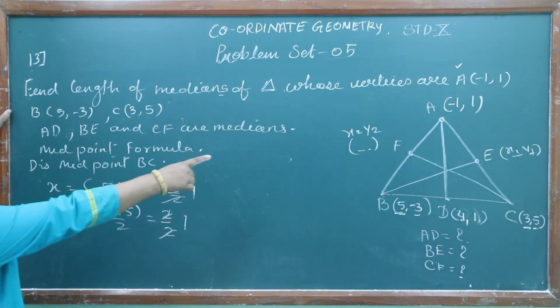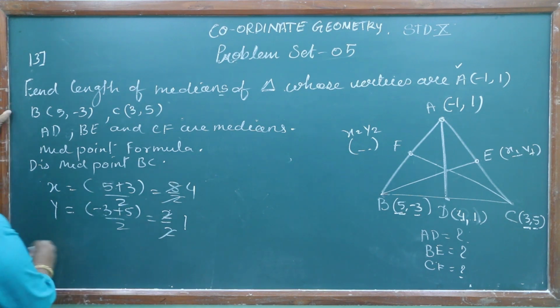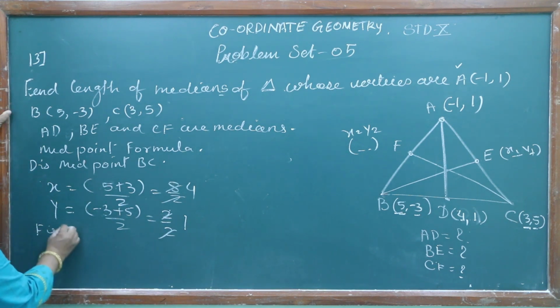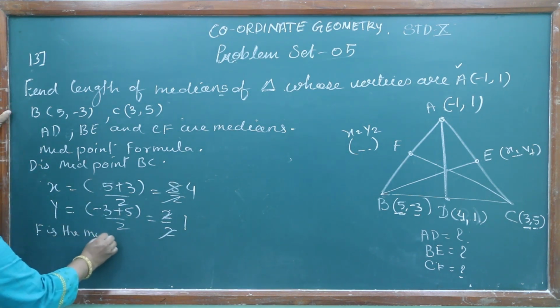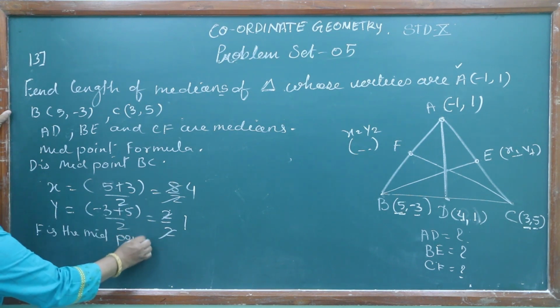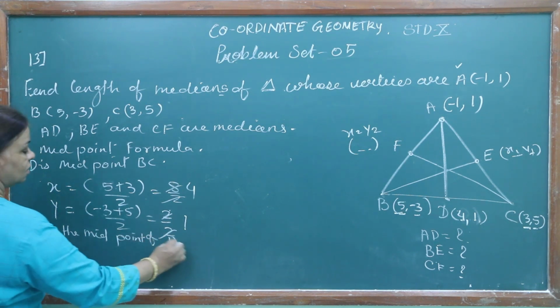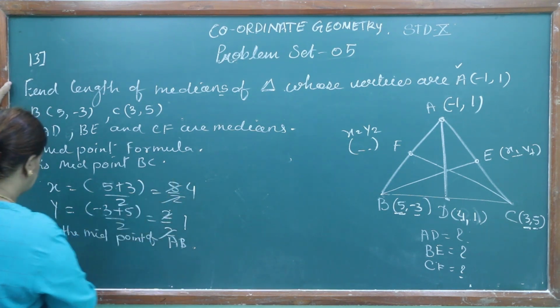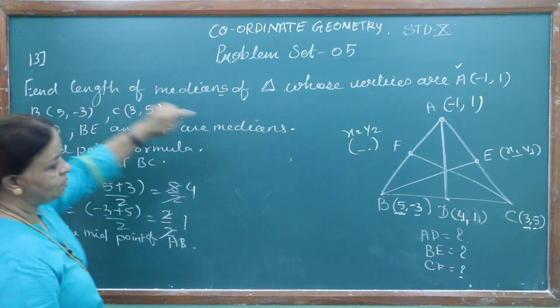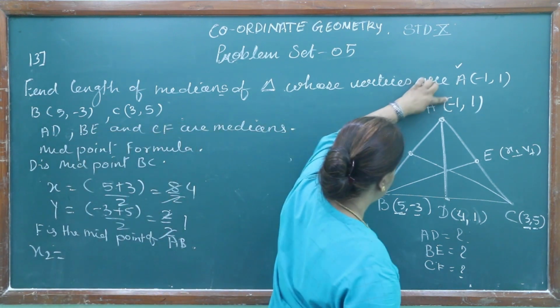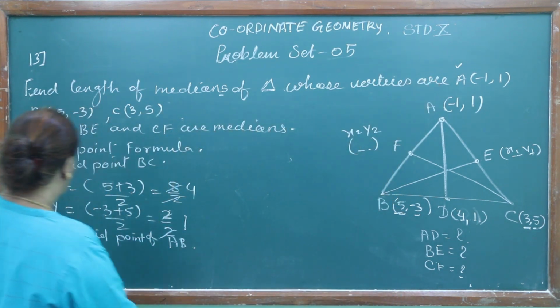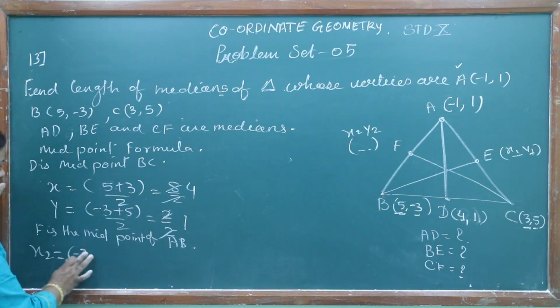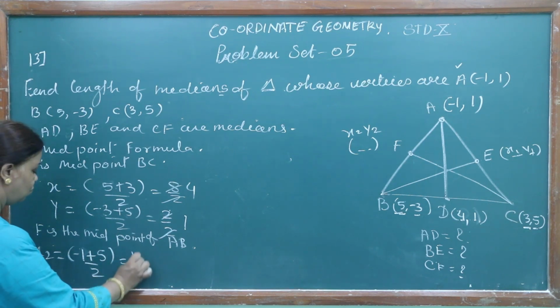Now let us go for F coordinate. F is the midpoint of AB. Therefore x coordinate of F, that is x2, will be what? Minus 1 plus 5 upon 2, that is 4 upon 2.